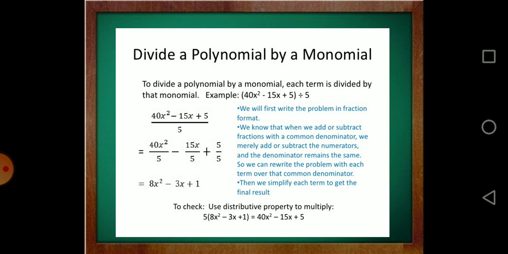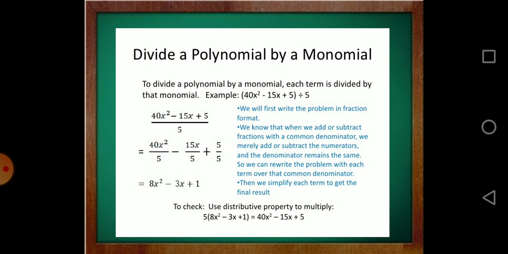So, the variable in the quotient or the answer will remain the same. Only the coefficients will change. That is, 40x square by 5 will give you 8x square. 15x by 5 will give you 3x. And 5 by 5 is 1. Thus, the quotient or the answer is 8x square minus 3x plus 1.